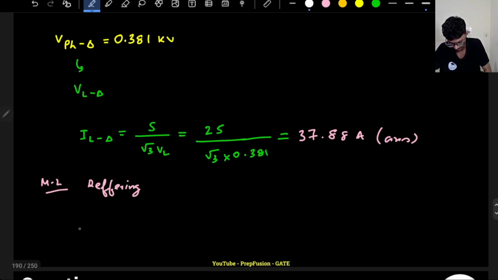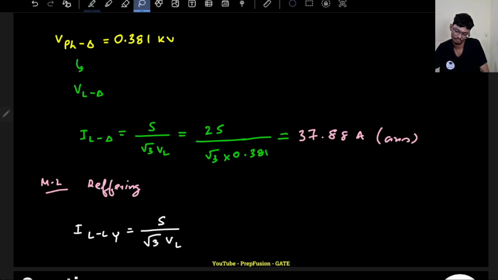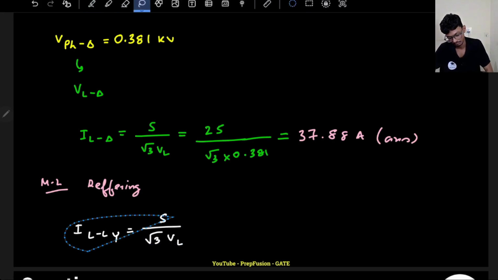The rated line current in the primary, in the star connection, will be S upon root 3 into VL.